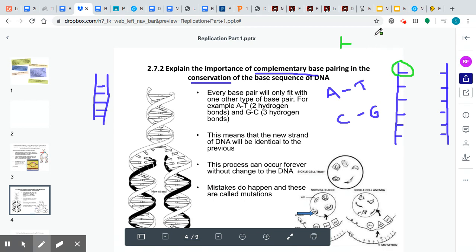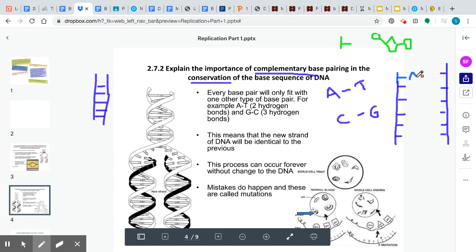A T on its side, but think of it all the time as our phosphate connected to our sugar, connected to our base. So anytime you see this or this part of the DNA, I want you to think nucleotide.